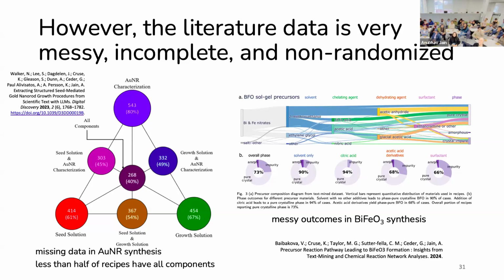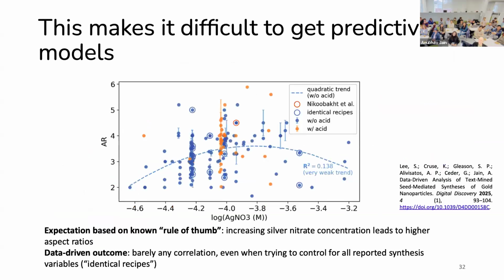For example, citric acid, acetic acid, surfactants: the goal of all these is to reduce the impurities in the final bismuth ferrite sample. But the statistics from our literature show that the solvent-only ones actually had a pure crystal a higher fraction of the time than adding all this other stuff that's supposed to be helpful. So going through the literature can be tricky.